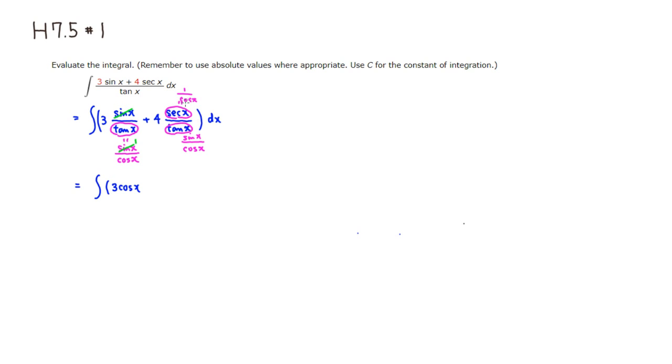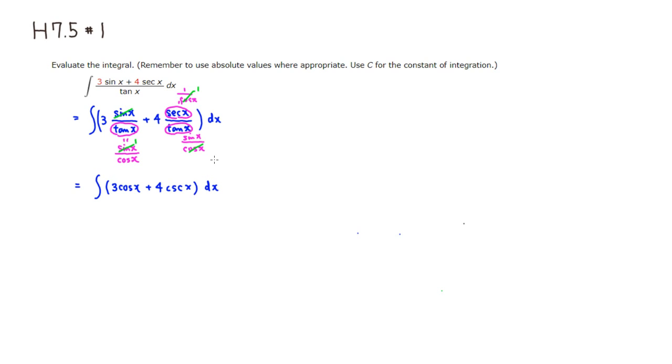We multiply top and bottom by cosine, so we can cancel there and there. That means you have a 1 on top over sine of x. So this is going to be plus 4, and 1 over sine is cosecant of x dx.